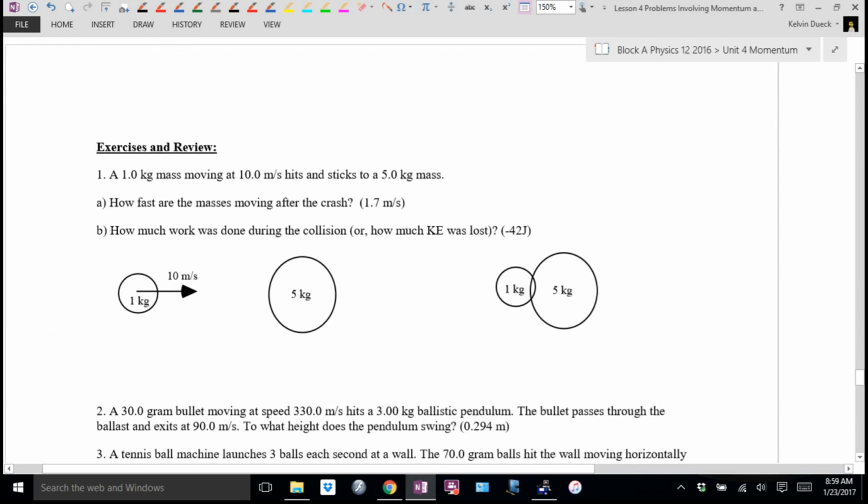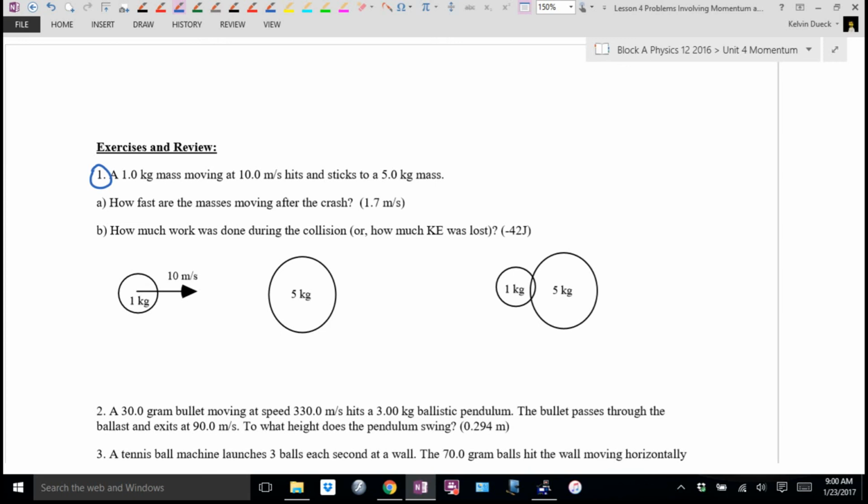So, what's your homework? A lot of you still are slugging your way through the stuff at angles and work through that. Number 1 is fair game. B says how much work was done during the collision. That's a synonym for how much kinetic energy was lost. They give the answer as a negative because it's lost energy.